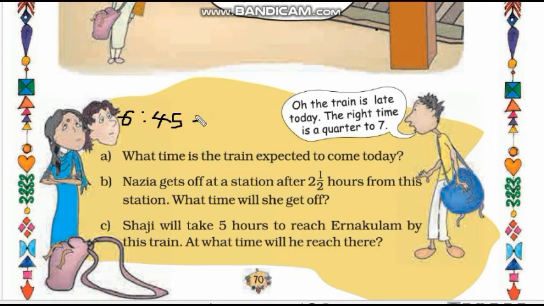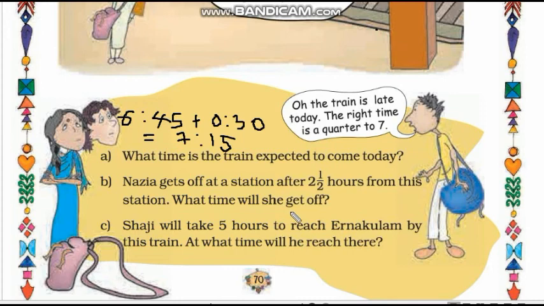So plus half an hour, that means the expected time to come today is 7:15.